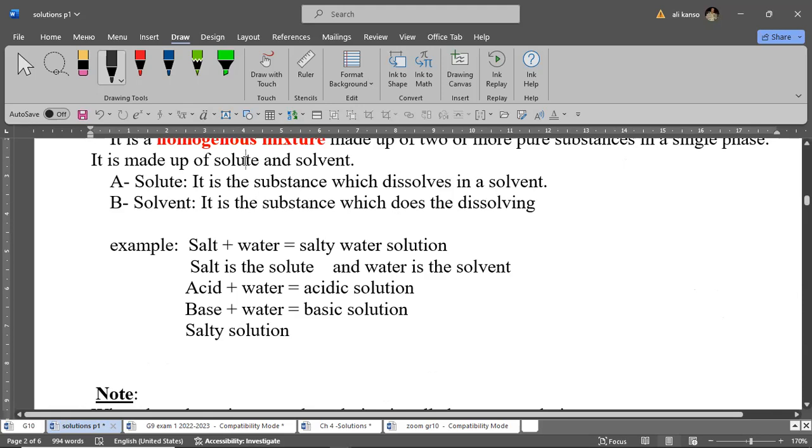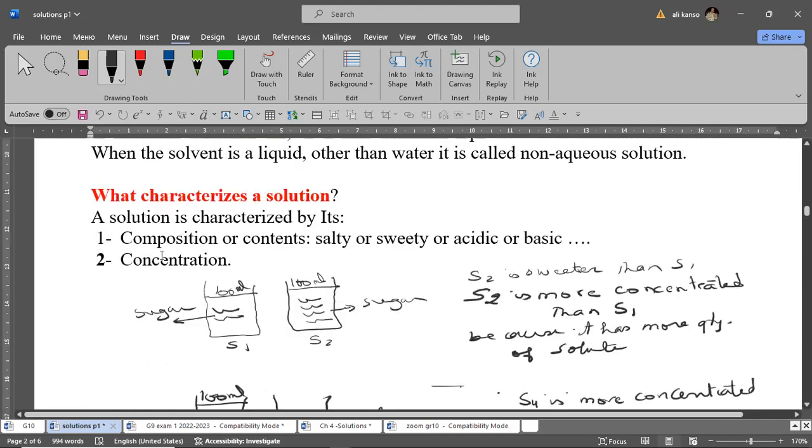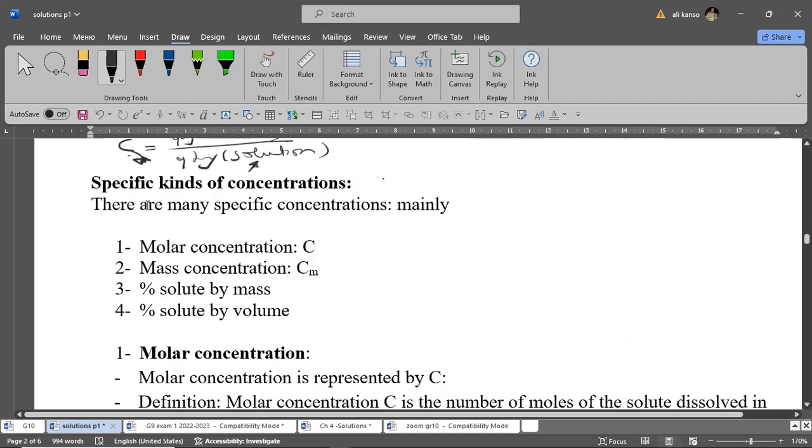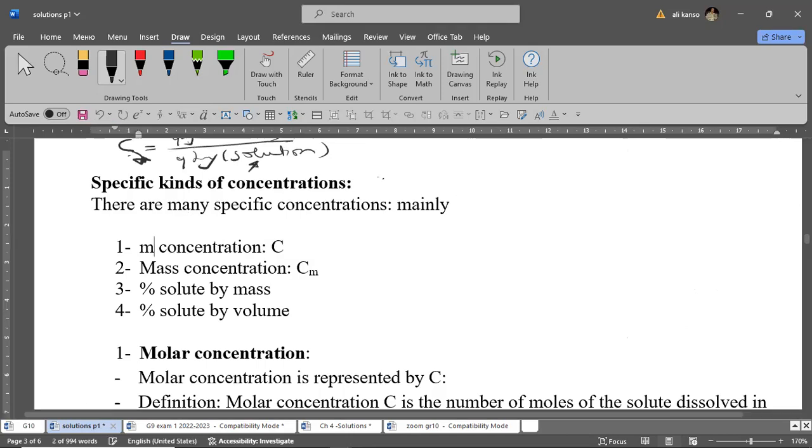What characterizes a solution is the quantity of the solute and the quantity of the solvent, which is meant by concentration. Let's take first the mass concentration, then later the molar concentration.